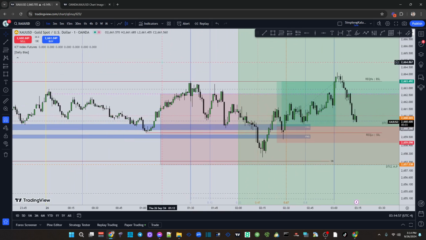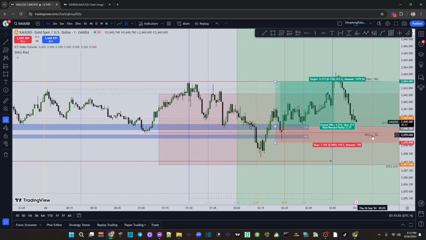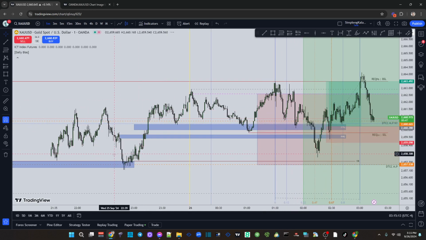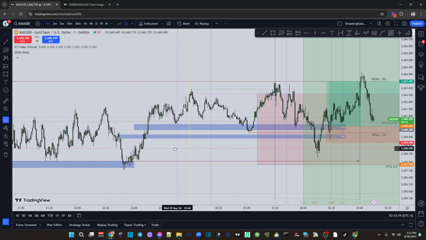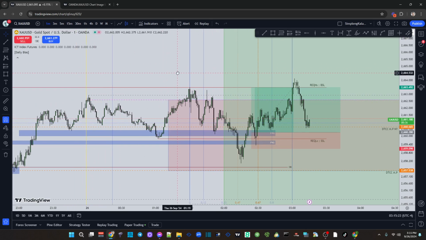So when I see that this one manipulates, trading through the sell side, this fair value gap, the discounted PD array, while there's a PD array already at the higher time frame, fair value gap in the OB, and we are below the midnight open.